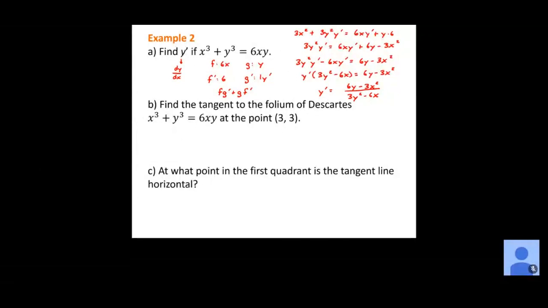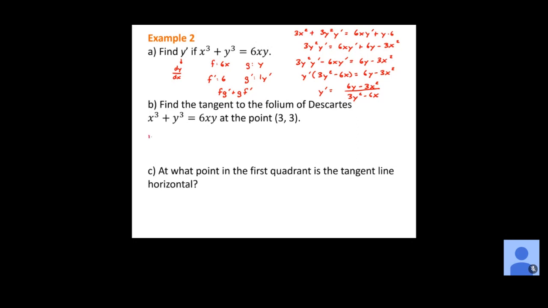All right. Now, part B, we want to find the tangent to the folium of Descartes. That's just that equation that's given. Okay, that's what we call that thing. So at the point (3, 3). So what are we going to do to find our tangent line now? Good, right? So we've got points, right? We can plug those in to find our slope.